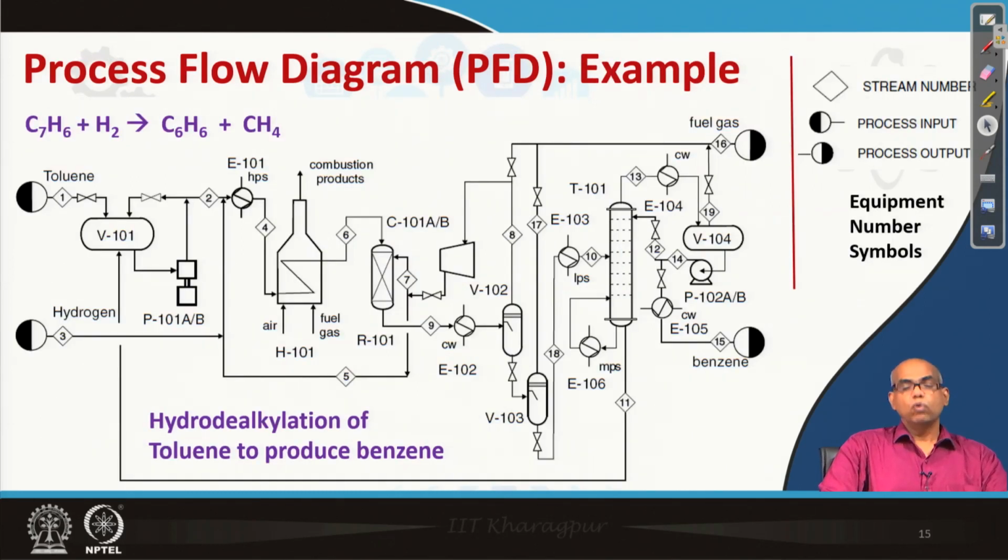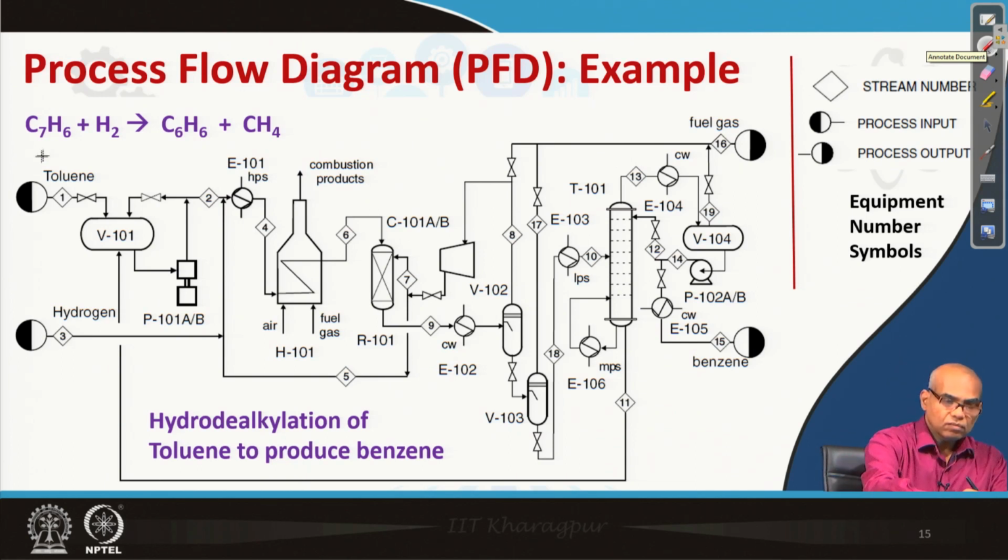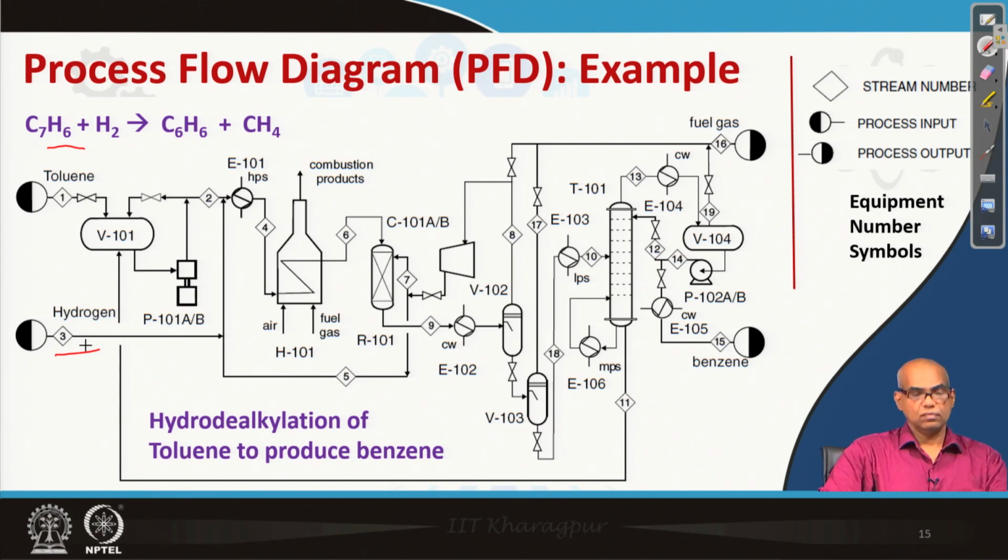Now, what you see is a process flow diagram for hydrodealkylation of toluene to produce benzene. So, toluene and hydrogen react to produce benzene and methane.